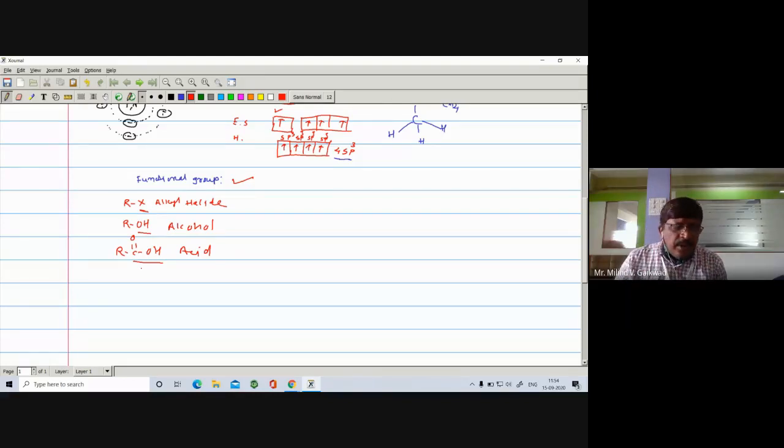If you know the physical or chemical property, you may say that this functional group is present. If you know the functional group, then we can say these are the properties of that functional group. So a functional group is an atom or group of atoms due to which that family gives characteristic properties; they have similar physical and chemical properties.